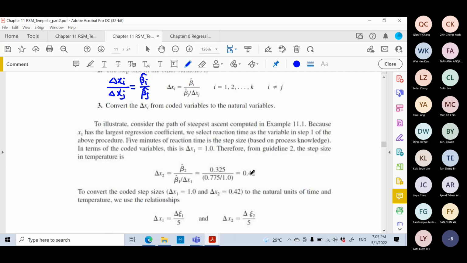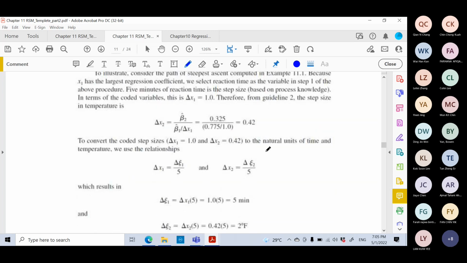Okay, so from the 0.42, of course, we can convert it to the 5 minutes here. Because delta x1 is equal to delta xi1 divided by 5. Delta x2 will be delta xi2 divided by 5. So from here, they will get the 5 minutes here. And the step size is equal to 2. The temperature is 2 Fahrenheit. Okay. So this one is the first part for the method of the action and method of decision.